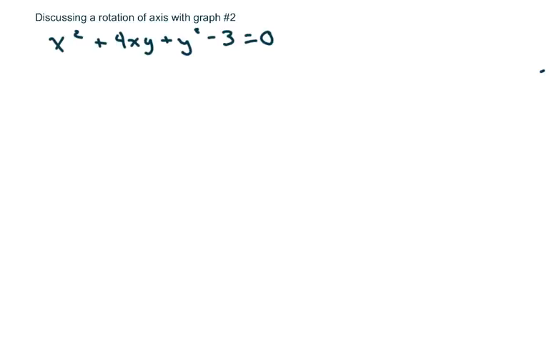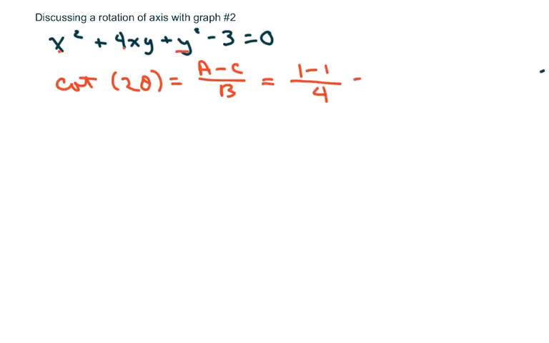So basically, we have cotan of 2 theta equals A minus C over B. Like I said, we already kind of discussed this before. So you're going to get 1 minus 1 over 4. There's your A, B, and C here. And you get 0 over 4. That means cotan of 2 theta equals 0.